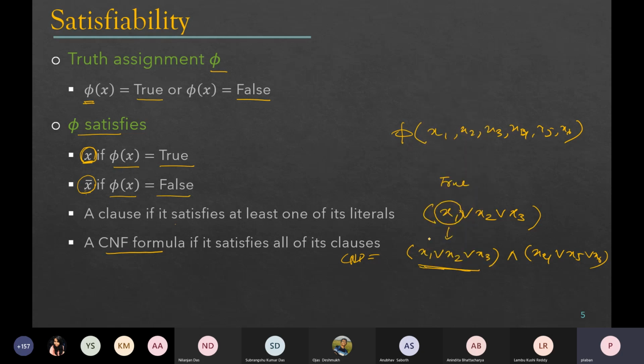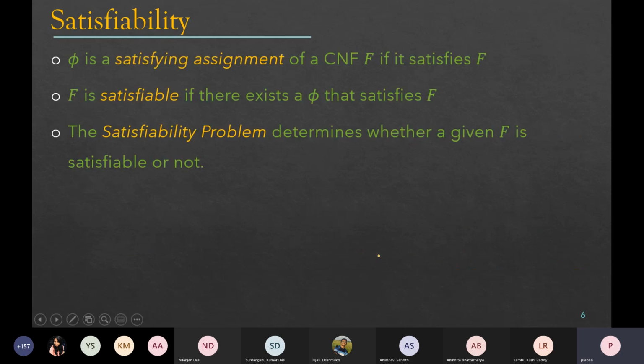At least one of the literals becomes satisfied in each of these clauses, right? Then only each of these clauses will be satisfied, and if every clause is satisfiable, then your CNF formula will be satisfiable. So we say that a phi is a satisfying assignment. So phi is again what? Phi is basically assigning values to the variables xi, either true or false, right?